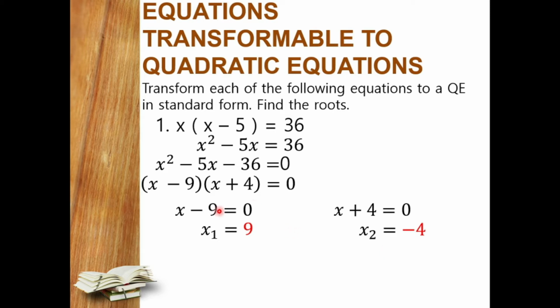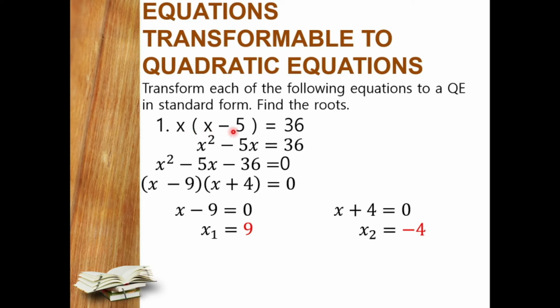Yes. Okay. If we make use of 9 as a value for x, we have 9 times quantity 9 minus 5. So 9 minus 5 is 4, and 4 times 9 is 36, which is equal to 36. If we have x sub 2 is equal to negative 4, we have negative 4 times quantity negative 4 minus 5 is equal to 36.